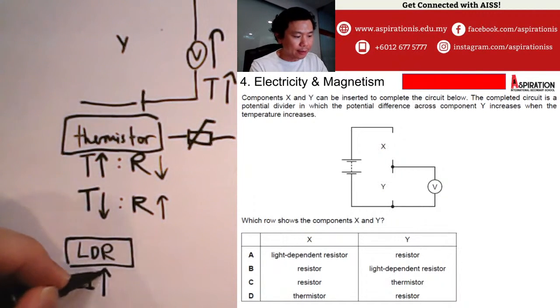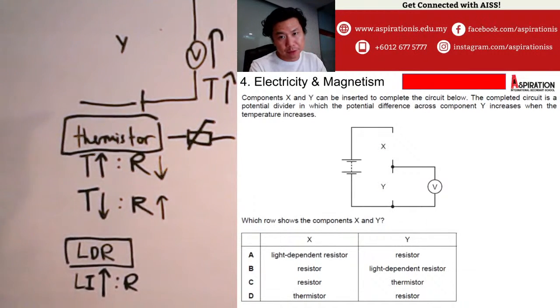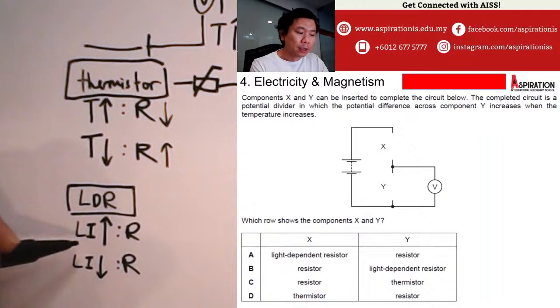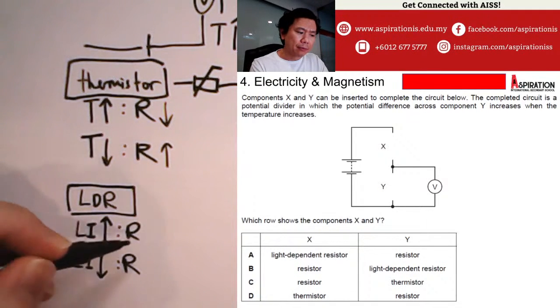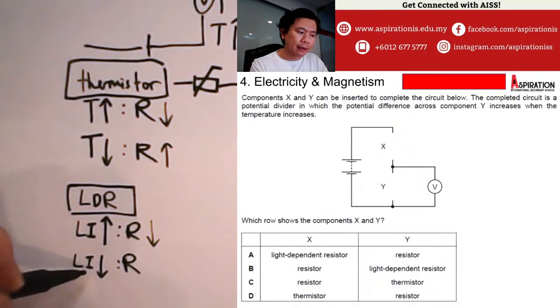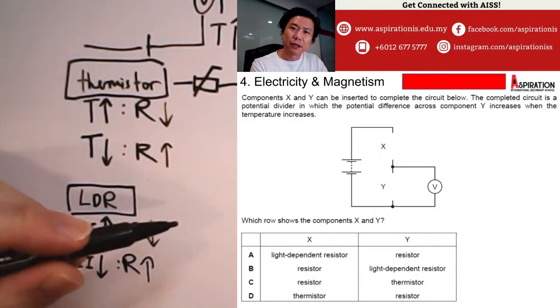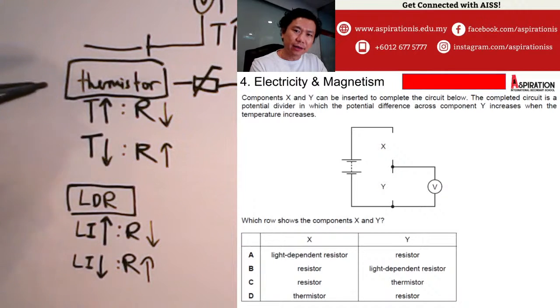So when the light intensity goes up, what happens to the resistance? When the light intensity goes down, what happens to the resistance? It's more or less the same. Thank you guys for your participation. When the light intensity goes up, resistance goes down. When the light intensity goes down, resistance goes up. This is how I encourage students to remember the relationship between the physical quantities.